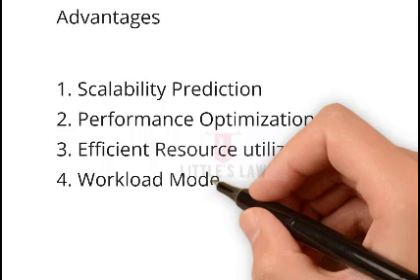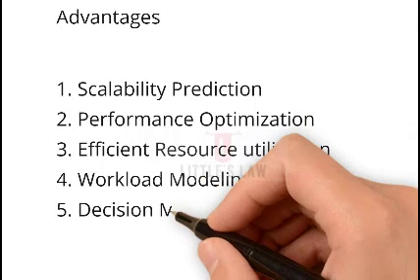Next comes efficient resource utilization, where the law enables efficient allocation of resources by understanding their impact on scalability, and it prevents over provisioning or underutilization, leading to cost savings and effective resource management.